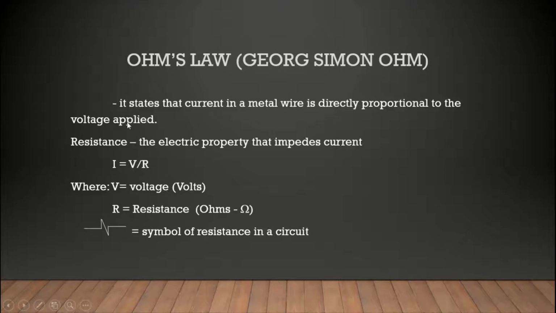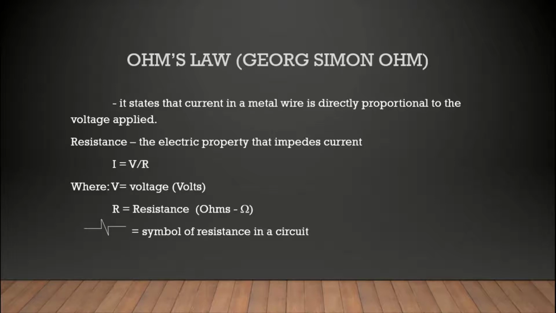Resistance, by the way, is the electric property that impedes current. What do we mean by impede? The word impede means resist. From the word resist, I mentioned a while ago the analogy between electric current and river current, right? How much current flows in a wire depends not only on the voltage but also on the resistance of the wire.